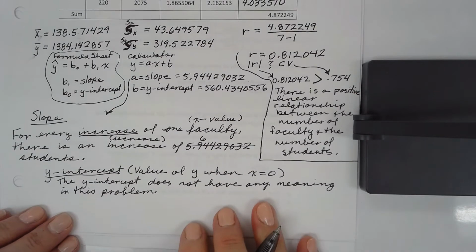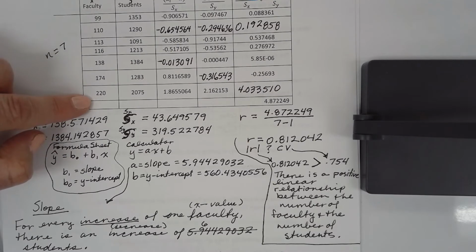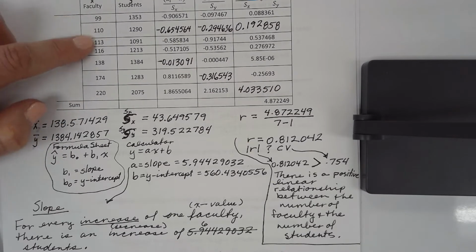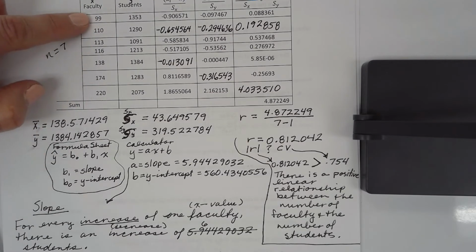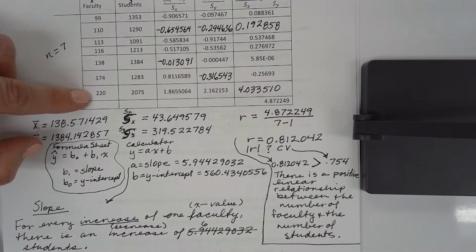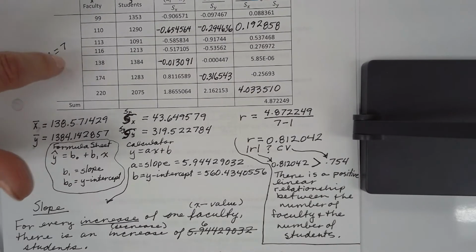Also, if you look at your x values, does x equal 0 fit in here? What's the lowest value we have? 99. What's the highest? 220. So 0 is outside of the scope of this model as well.